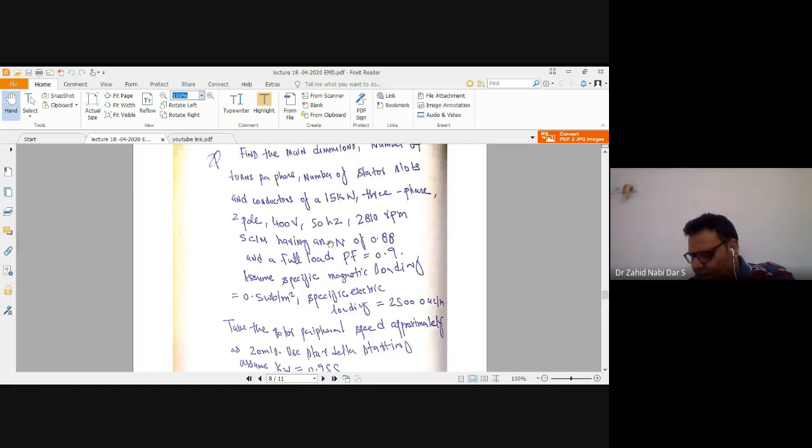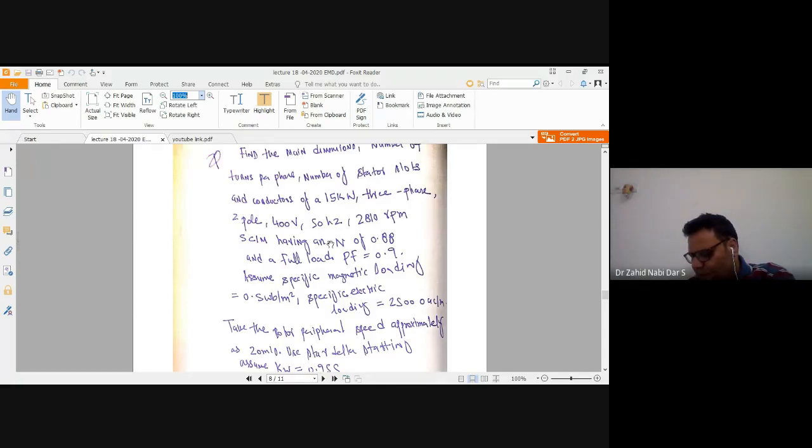Find the main dimensions, number of turns per phase, number of stator slots and conductors of a 15 kW, 3 phase, 2 pole, 400 volt, 50 hertz, 2810 rpm squirrel cage induction motor having an efficiency of 0.88 and a full load power factor of 0.9.